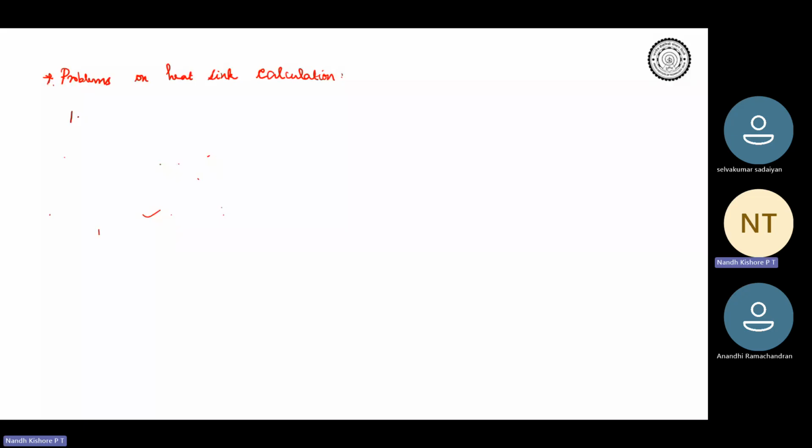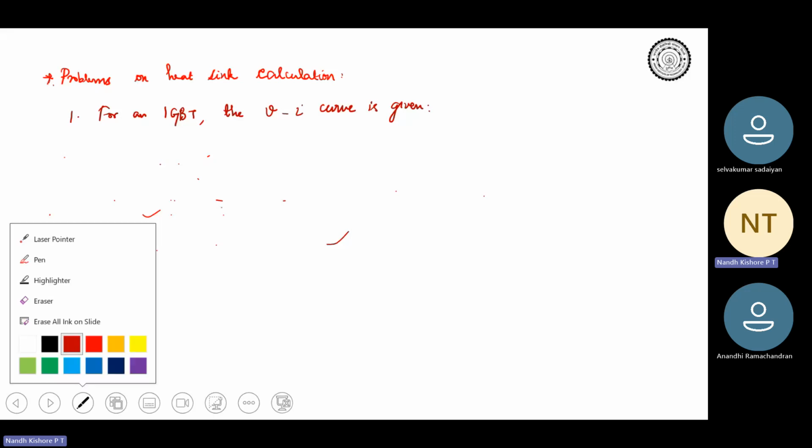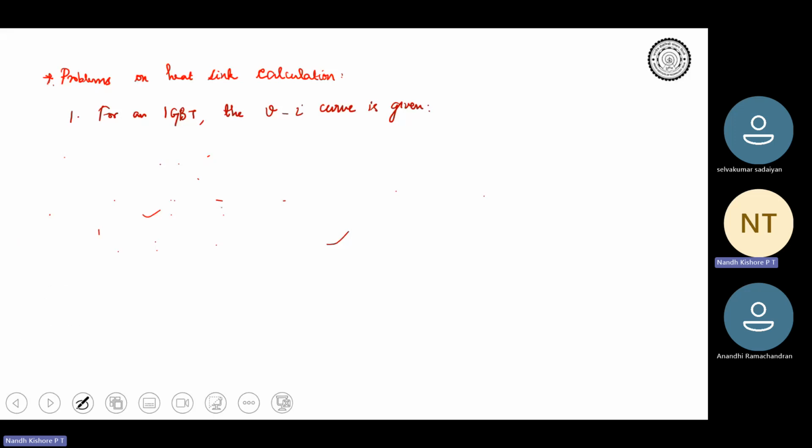So let's take an IGBT. For an IGBT, the VI curve is given. Let me take a moment to properly draw the VI curve.